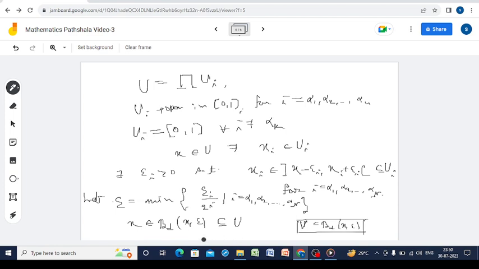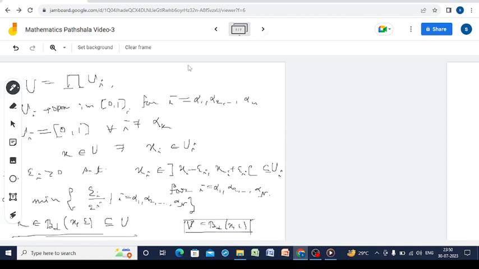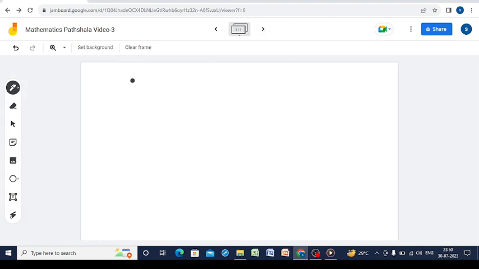So we now show that first. Clearly x belongs to B_d(x, ε), this is very clear. So we now show that B_d(x, ε) is a subset of U. For this, let an arbitrary y belong to B_d(x, ε).